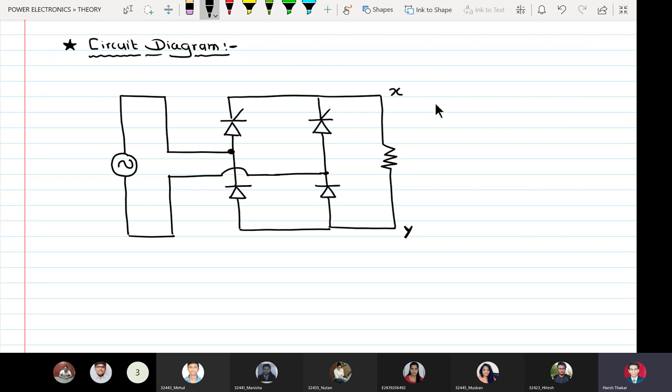Let the upper and lower nodes of the resistive load be denoted as X and Y. Load is resistive.